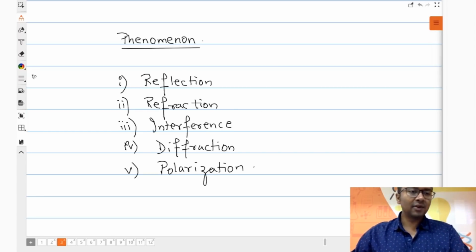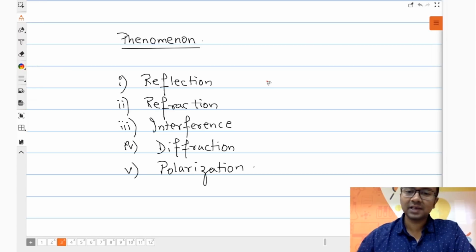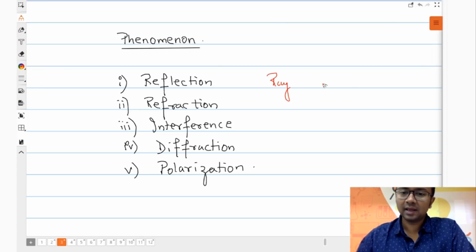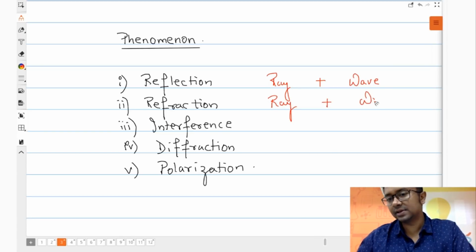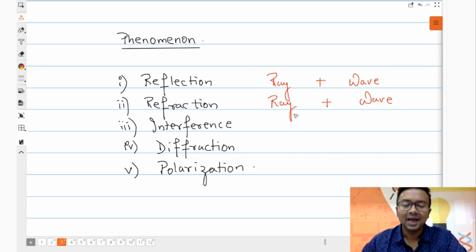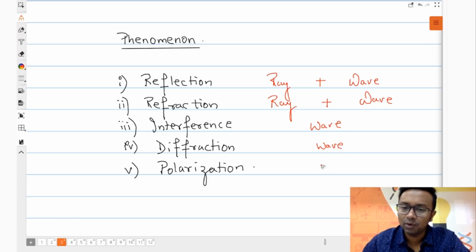Now, students, reflection could actually be explained via ray plus wave optics. Refraction again via ray plus wave optics. However, students, interference could only be explained via wave, diffraction via wave, and polarization via wave optics.